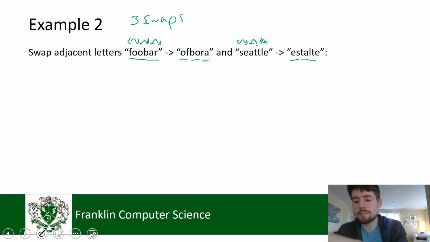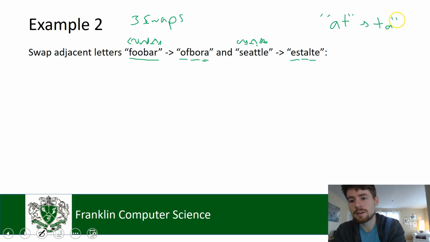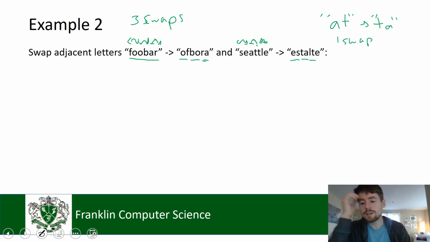In a simple example, if I just had the word AT, then this is going to get swapped once to TA, right? So this is 1 swap. So we could, at this stage, figure out, okay, how many times are we looping? We're going to be looping whatever half the length is.